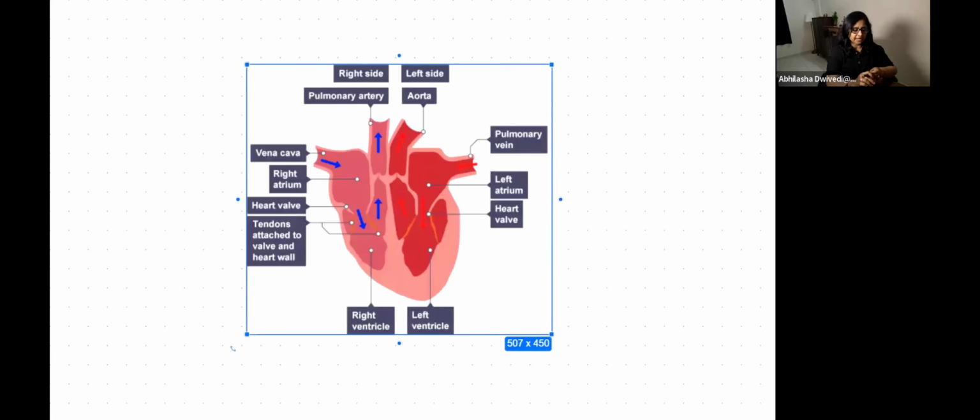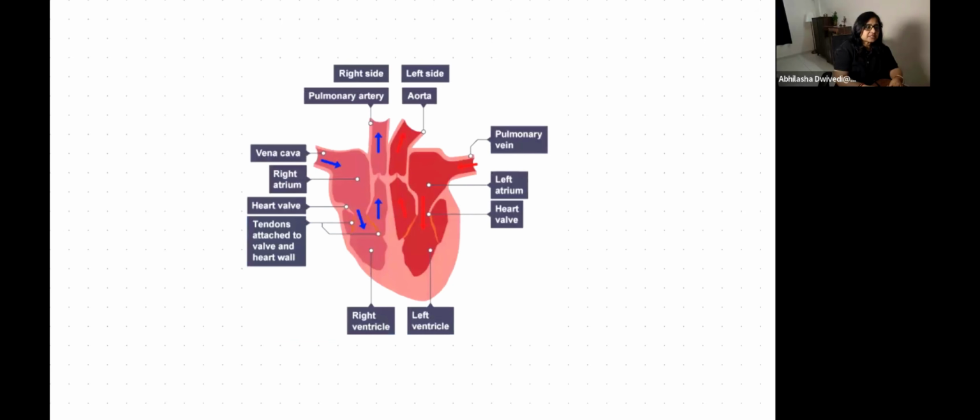What I always suggest is to start learning from the vena cava. Now, vena cava can be superior and also inferior. Generally, we draw here a diagram which is called the inferior vena cava.